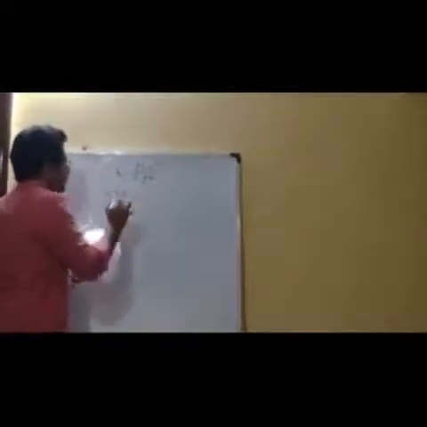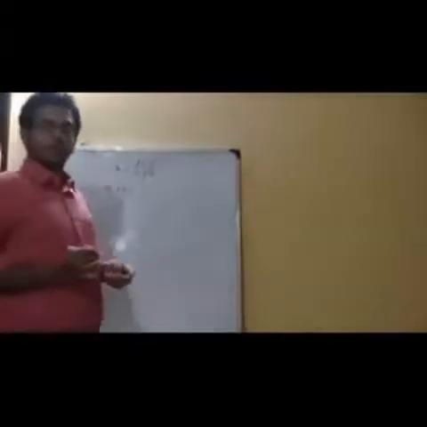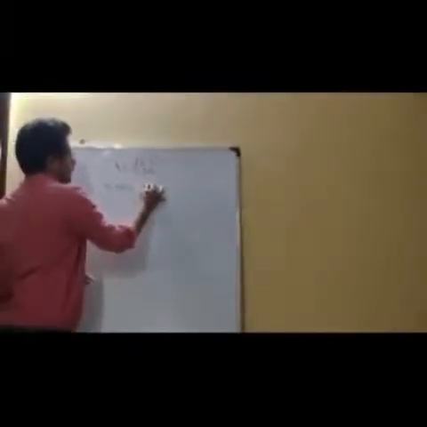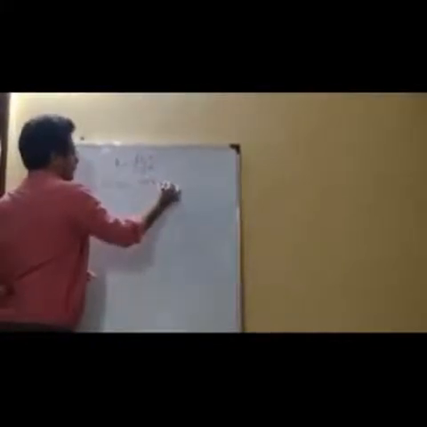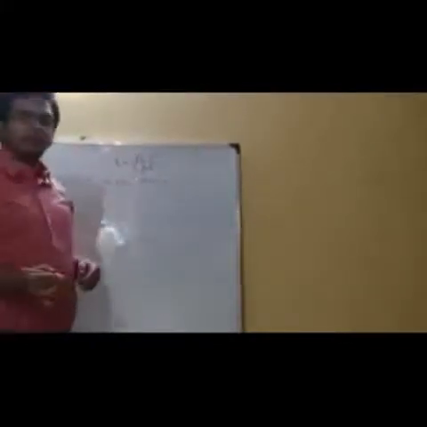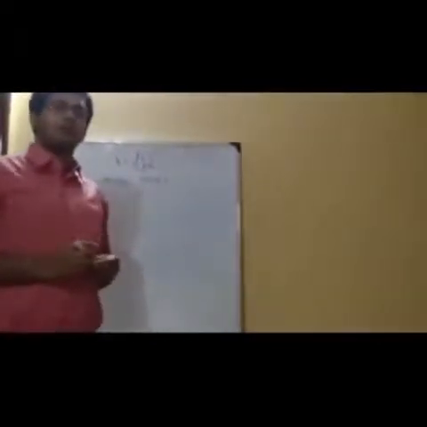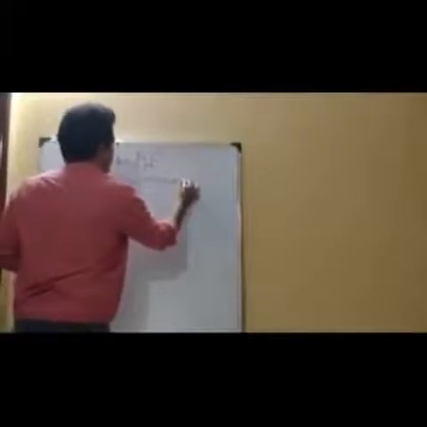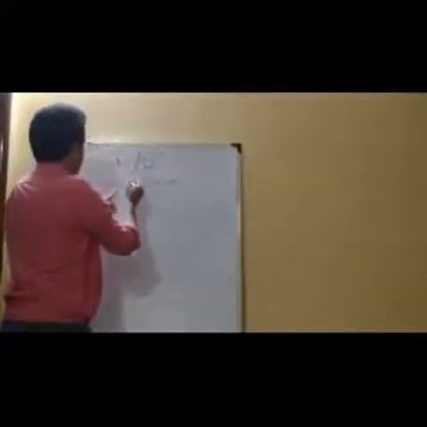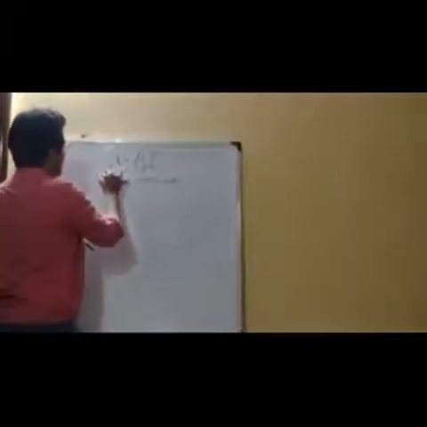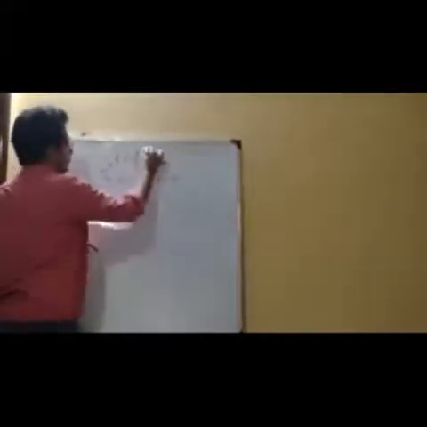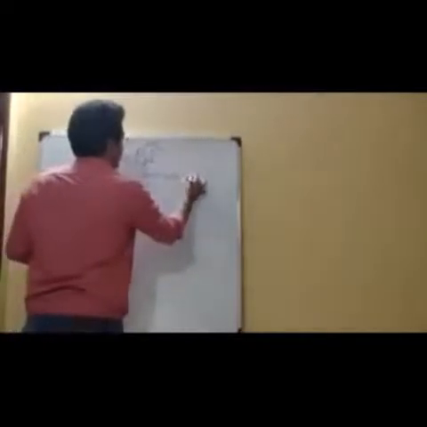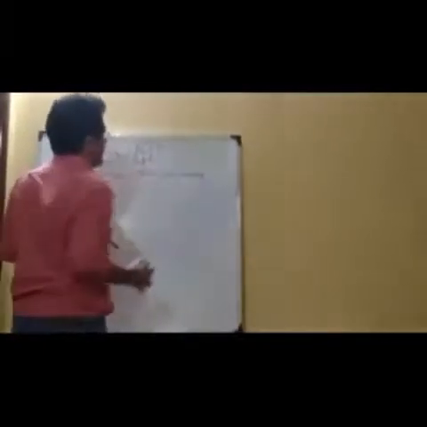So HL equal to 50, and F is already given, that is 0.075. The length is 25 kilometer, but here the unit is meter, so you have to put L in meter, that is 25 into 1000 meter.